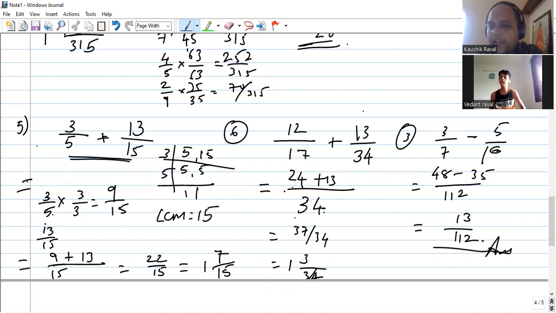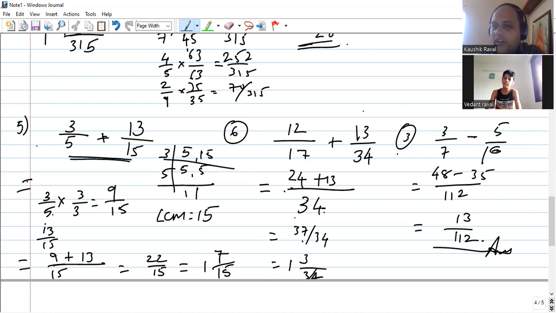So 12 multiplied by 2 is 24. 13 remains the same. So 24 plus 13 is going to be 37. And you get 1 whole 3 by 34, or 3/34th fractions.